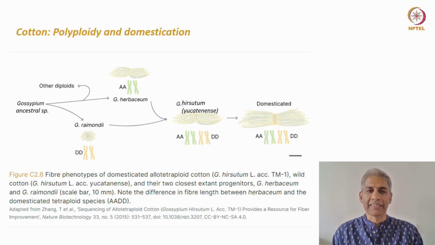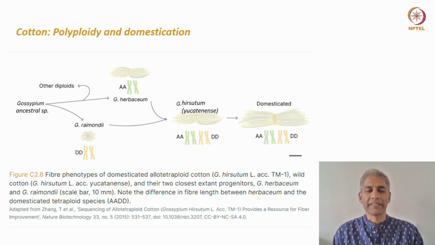So in this rather complicated figure, what you see is the development of domesticated cotton. Starting at the left, you have the ancestral species from a particular Gossypium species of cotton. And this gave rise to different diploid species of cotton.